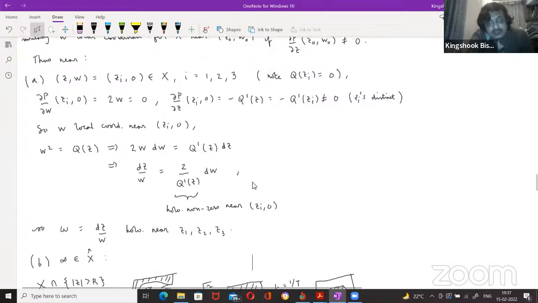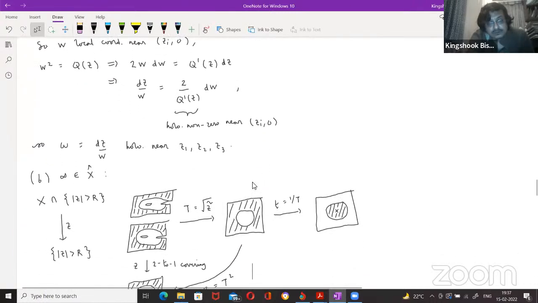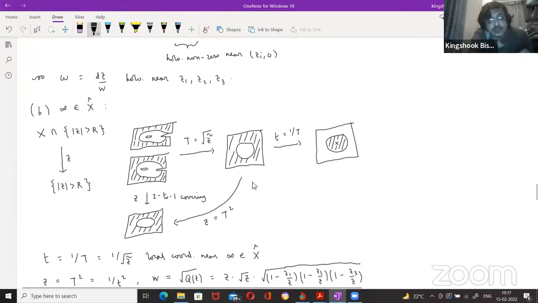Okay. So what remains is now the point at infinity on the algebraic curve, on this Riemann surface X hat, which is a torus. So I need to find a local coordinate near the point at infinity. So we look at the part of the algebraic curve where the z coordinate is bigger than some large number r, where mod z is bigger than r.